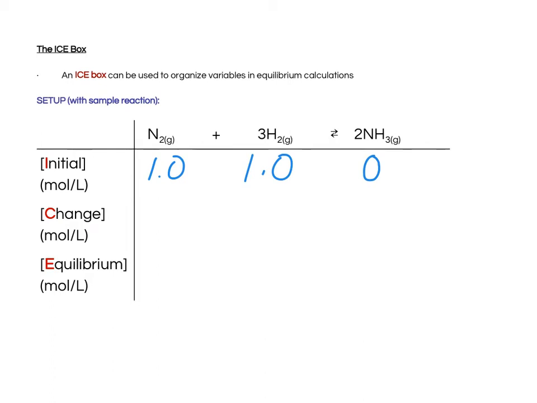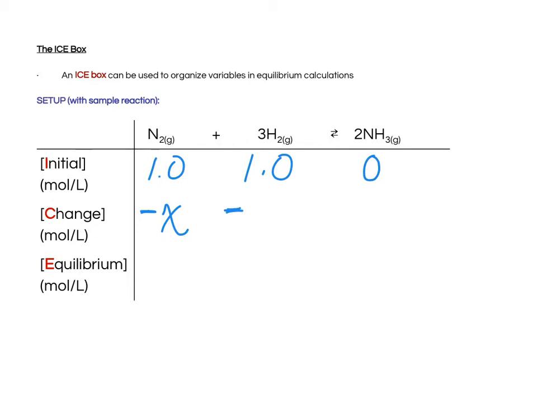So I know, for instance, that if I experience a decrease in one reactant by a certain amount x, then my other reactant is going to have to decrease as well. Reactants react together, so they're either both increasing or both decreasing. In this case, they're decreasing in quantity because they're getting used up to make products.